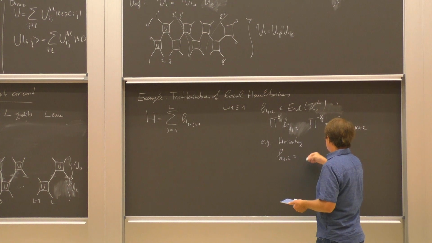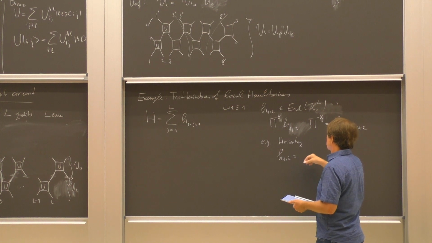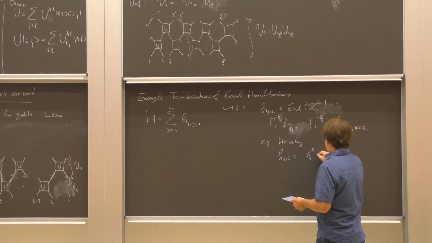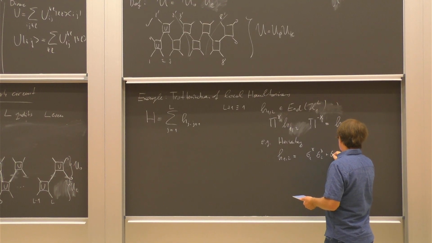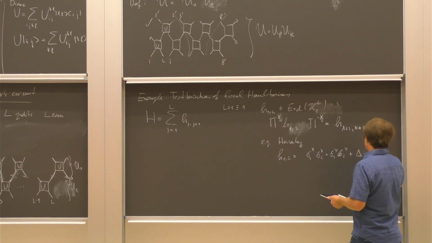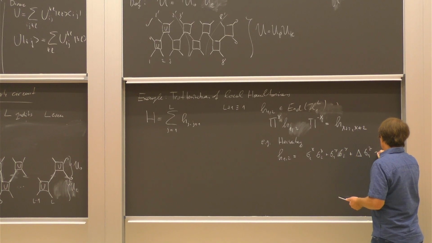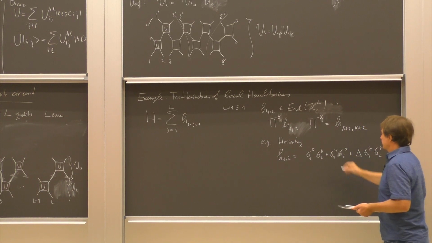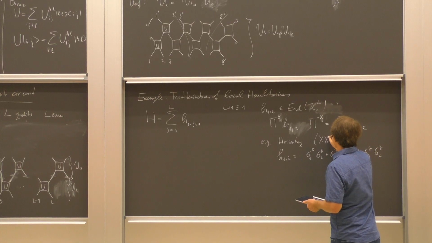Okay, well, you can write this in terms of Pauli matrices, so sigma 1 x, sigma 2 x plus sigma 1 y, sigma 2 y, plus let's call it delta here, sigma 1 z, sigma 2 z. So this would be like an XXZ model, anisotropic Heisenberg.